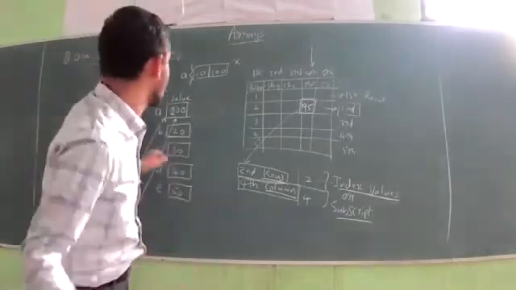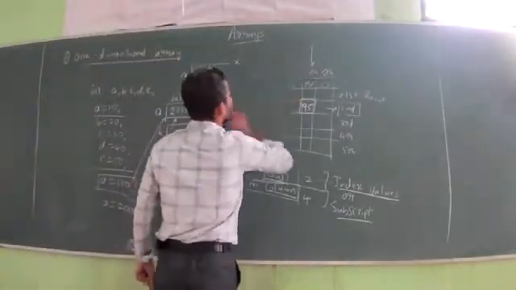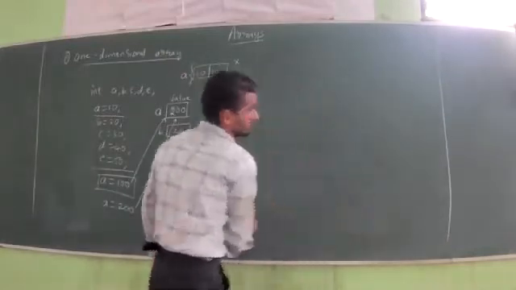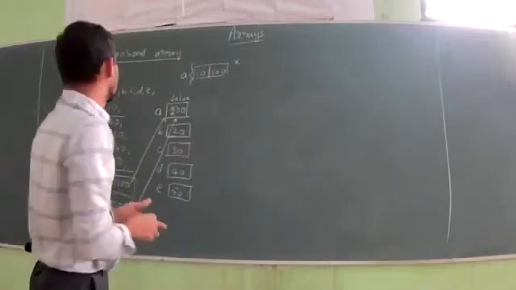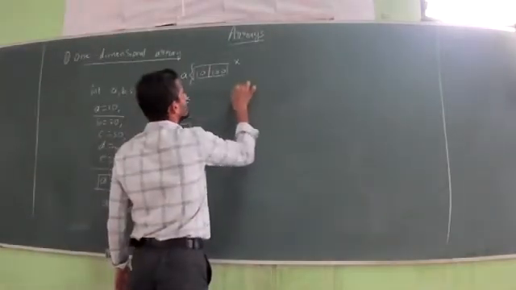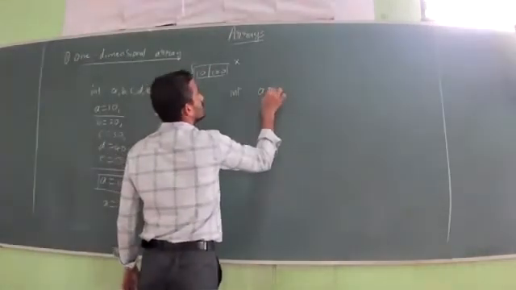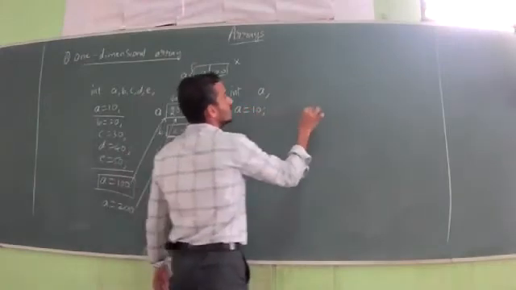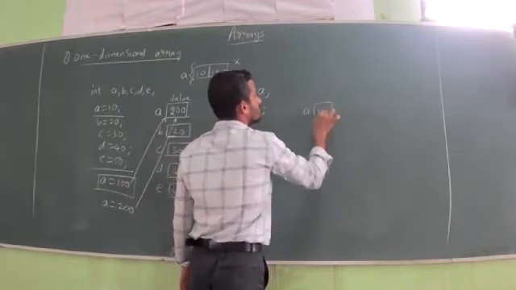So if I consider the same thing in the array concept, let me take the variable A. First time, if you say A equals 10, A will be the variable name, then 10 is there.